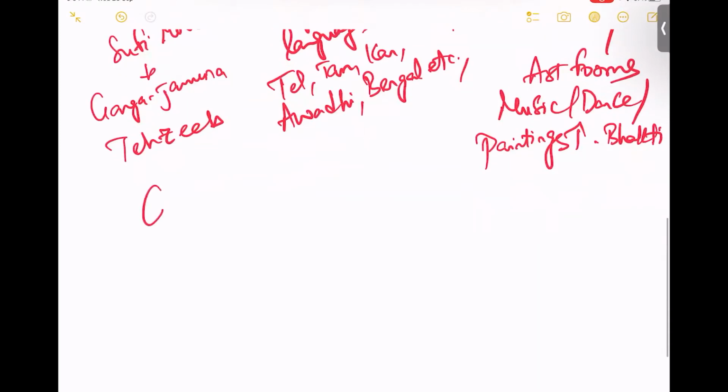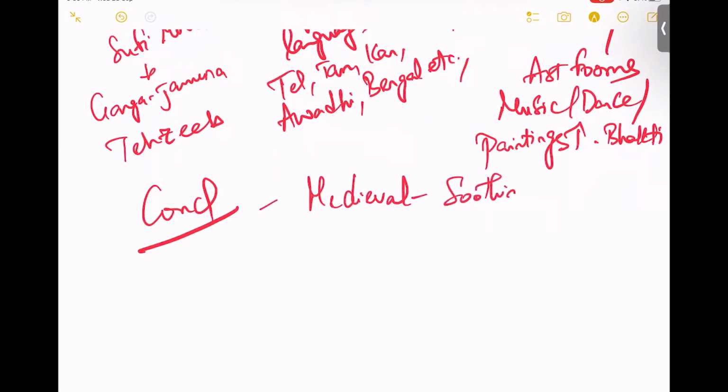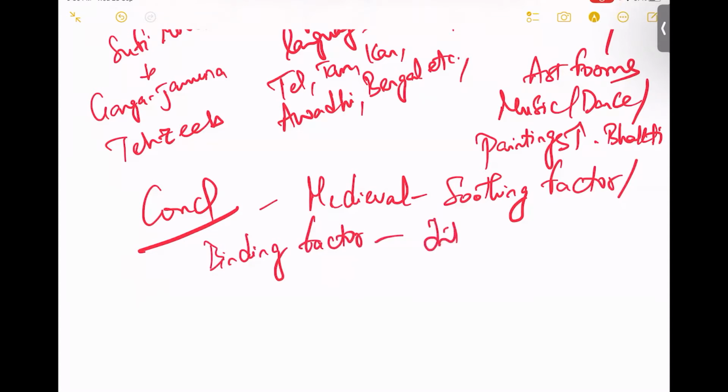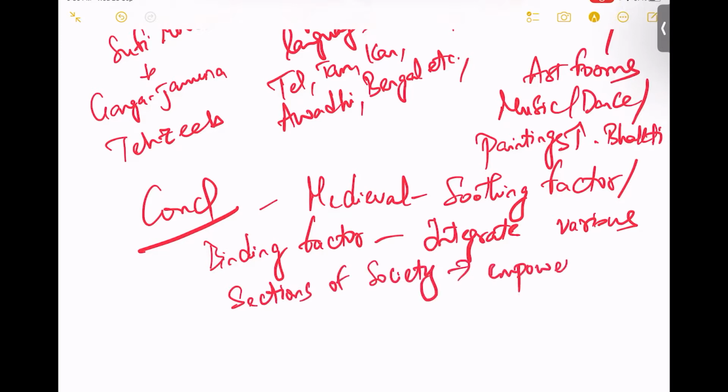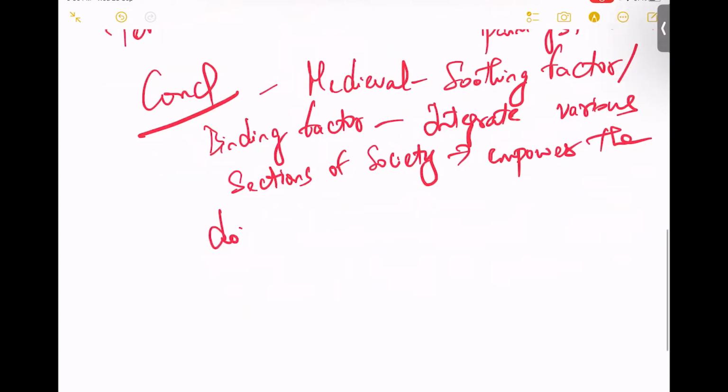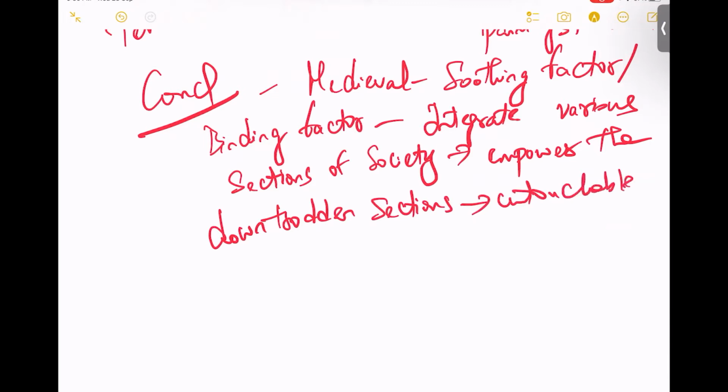And in the conclusion, you will mention that Bhakti movement during the medieval times was a soothing factor and a binding factor which could integrate various sections of society and which could empower the downtrodden sections like untouchables and women.